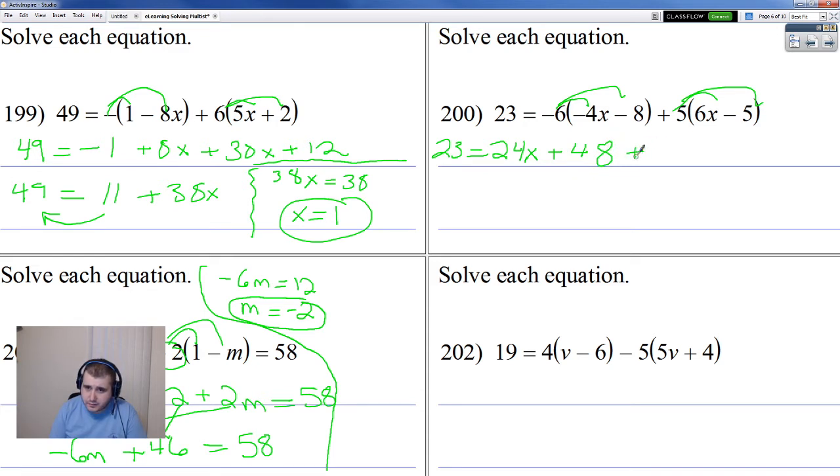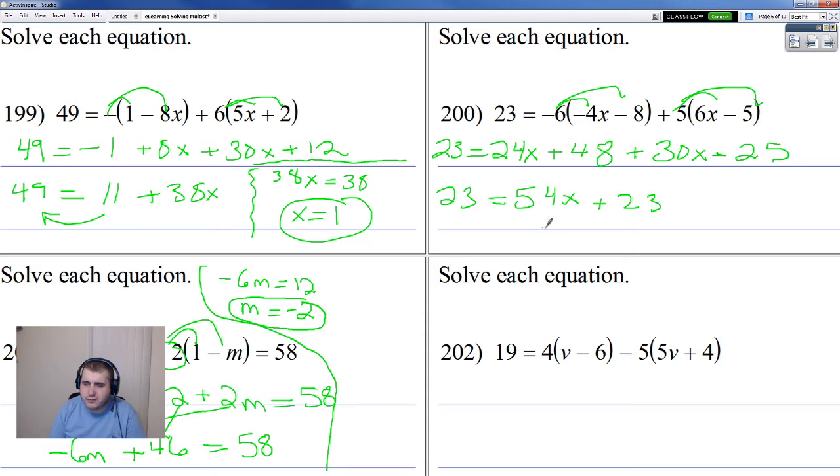Plus 30x, 5 times negative 5 is negative 25. So we got 23 equals, let's combine our like terms, 54x. So the 24x and the 30x. 48 minus 25, well that's 23, right? 48 minus 25, 48 minus 20 is 28 minus 5, 23.